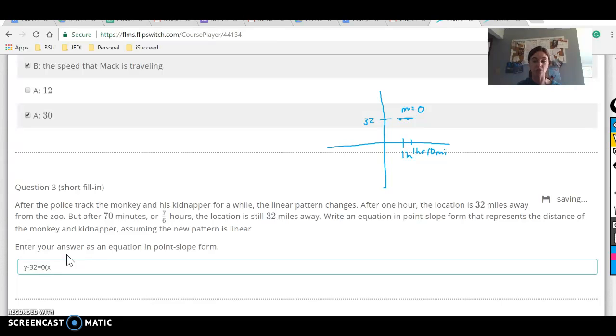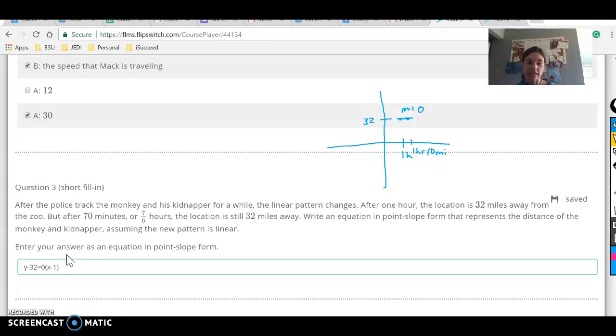I can choose either 1 hour or 7/6 hours, so I'm going to do x minus 1. So my distance does not depend on time in this situation.